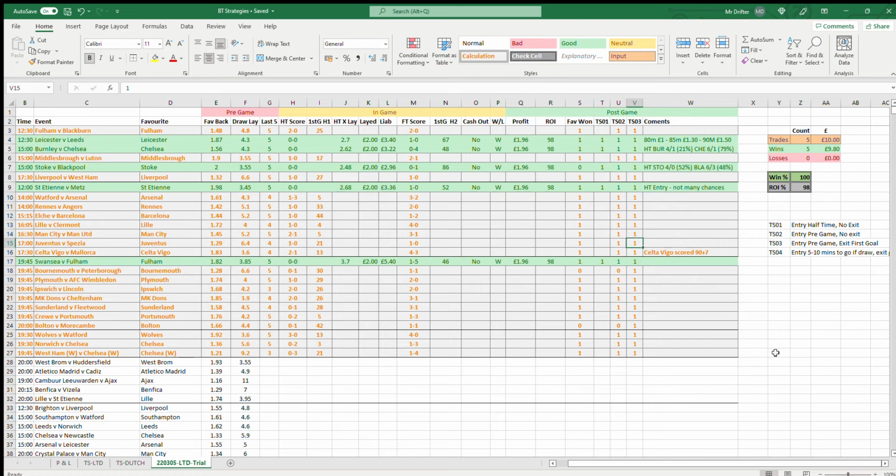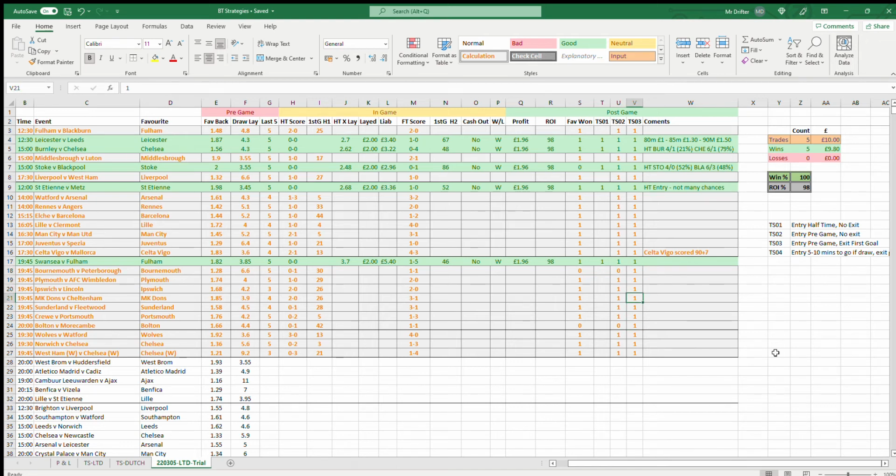So we would have won every single trade. However, I'm not 100% sure. Certainly where the favourites score first, we would have made a profit on each trade, but where the underdog scores first, then we potentially would have lost money on those.